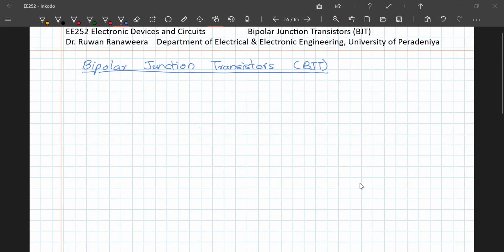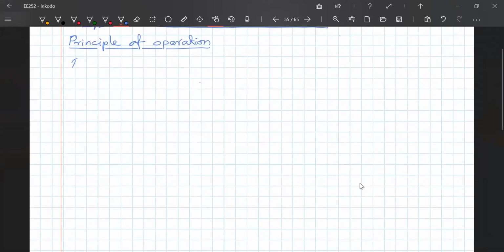In order to understand the principle of operation of the BJT, before I talk about the BJT, let me first talk about the diode semiconductor physics. Review of diode semiconductor physics.